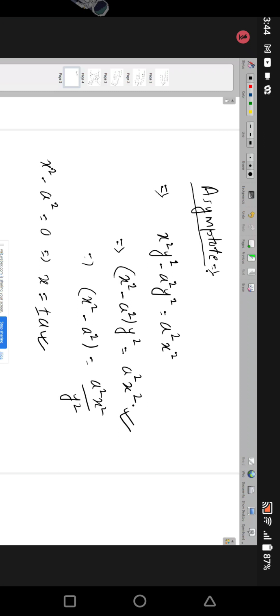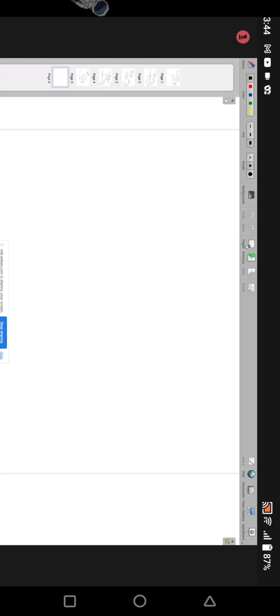Similarly, for the other part, you can check. You will get that the value of y will be some complex number. So in a similar way I am checking the asymptotes.